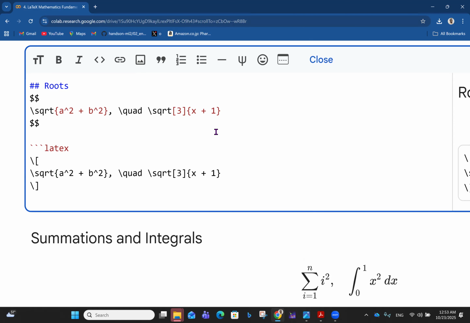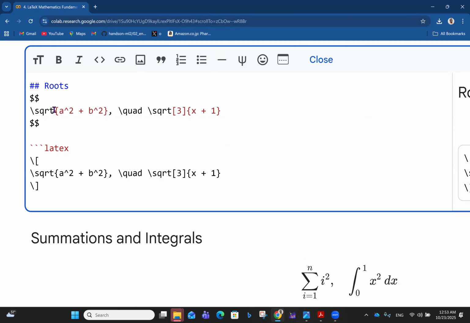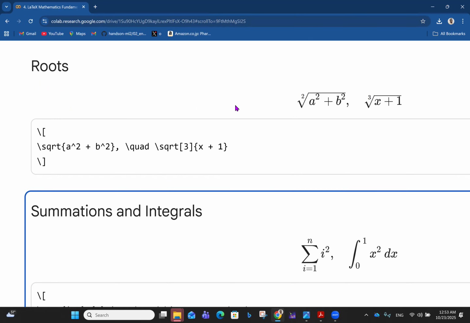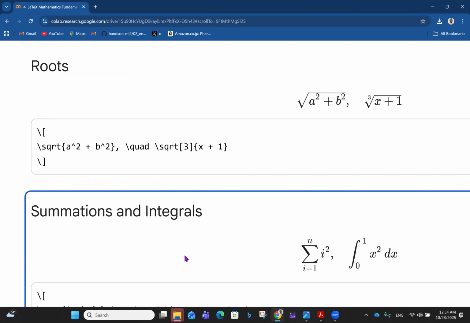Of course this is a normal square root, and you don't need to indicate it specially, because once you see a square root without an index, you know it is already a square root. But anything apart from that, you need to indicate. This is the way to render it in LaTeX.